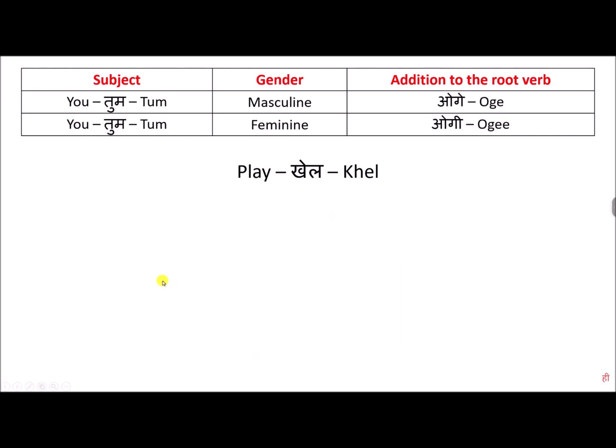Next, for tum. If we are referring to a masculine gender, then oge is added to the root verb. If we are referring to feminine, ogi is added to the root verb. Okay?